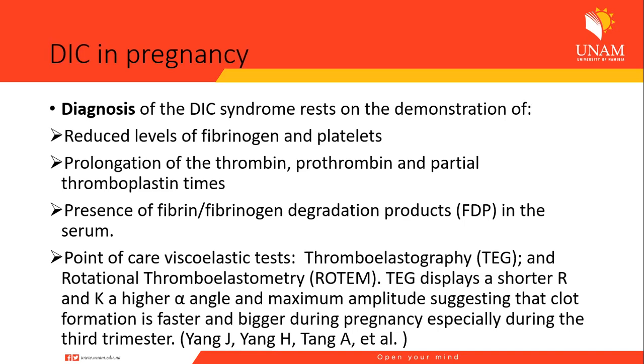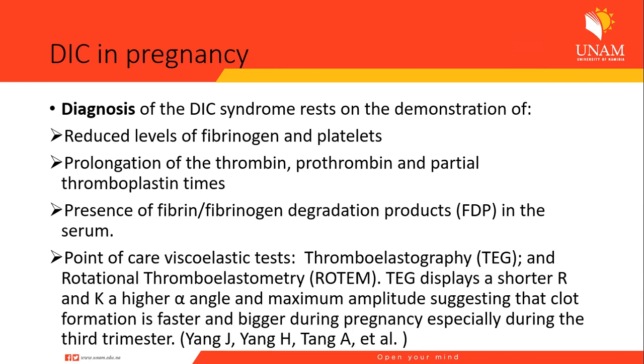All right, the thromboelastograph and rotational thromboelastometry. The important thing to note here is that in pregnancy, thromboelastograph displays shorter R and K values with a higher alpha angle. What it means is that clot formation is faster and bigger during pregnancy, especially during the third trimester.